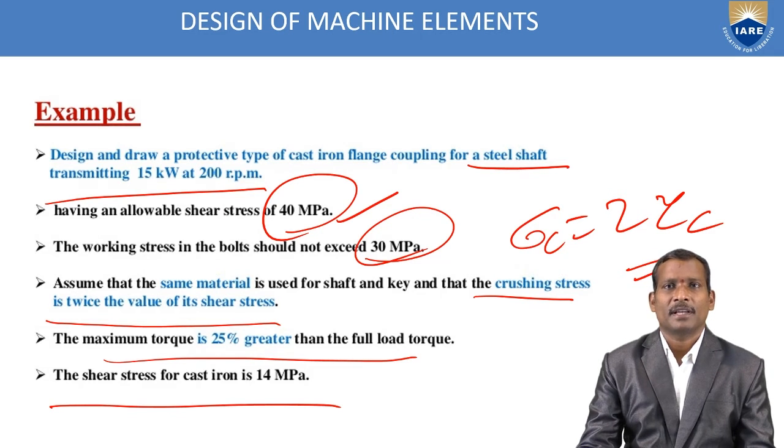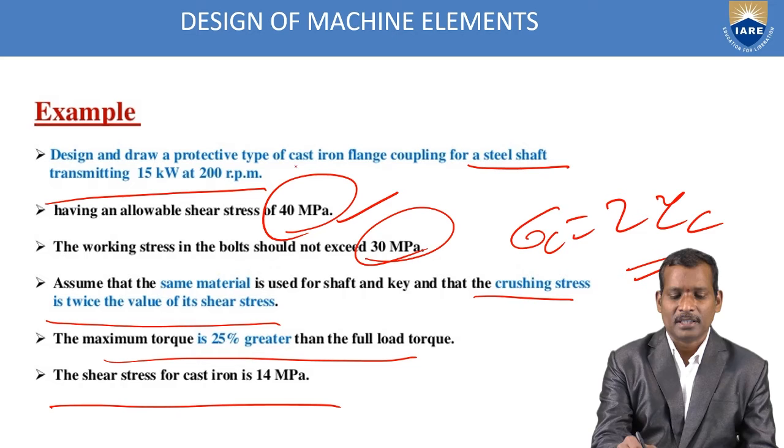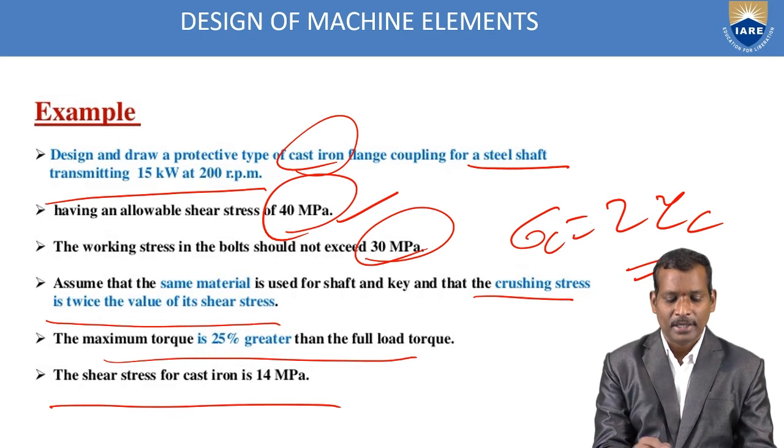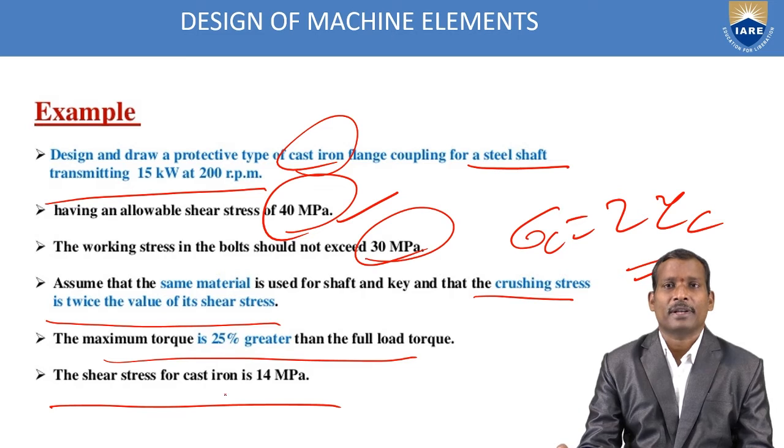The flange material is cast iron, the shaft material is mild steel, and the key material is also steel. For the bolt, assume the same material as the shaft.